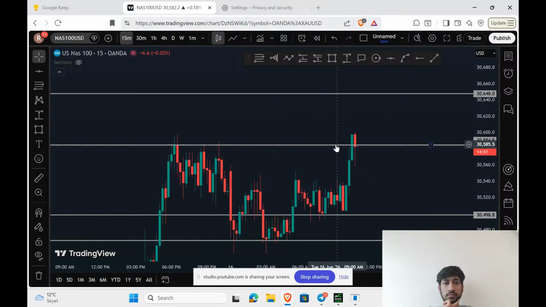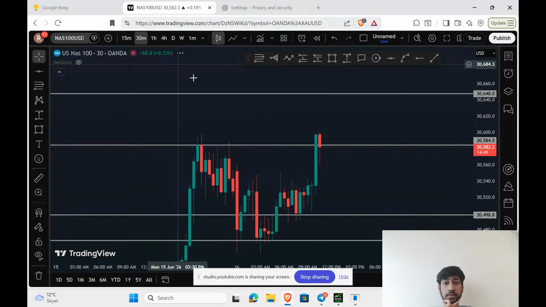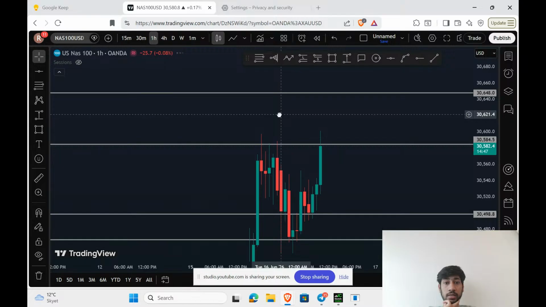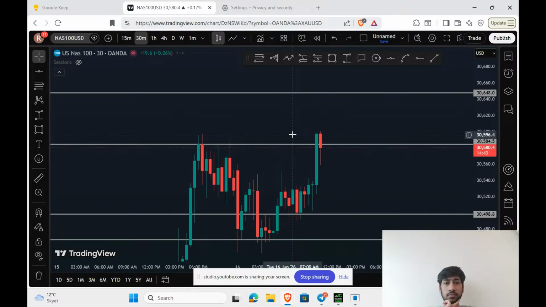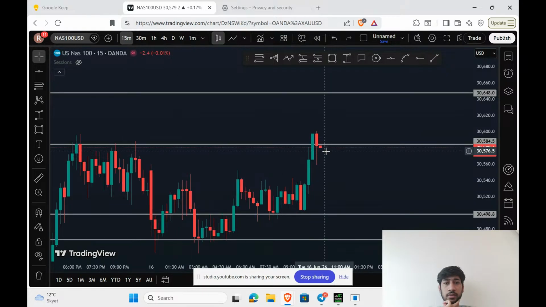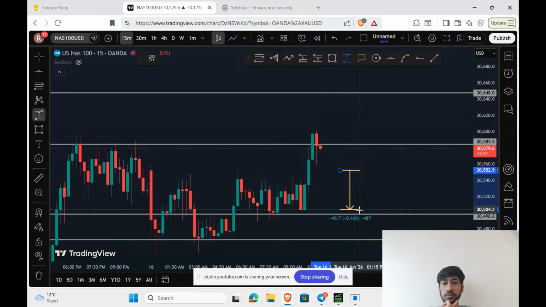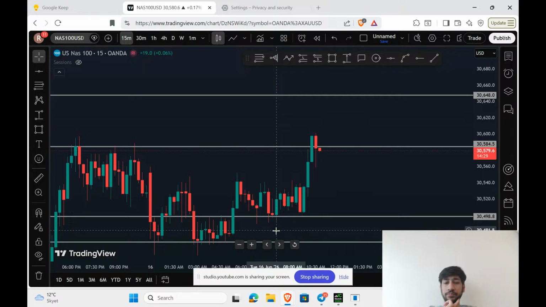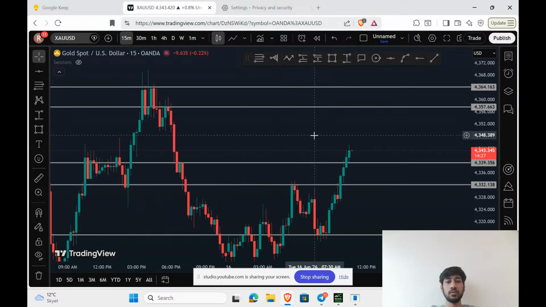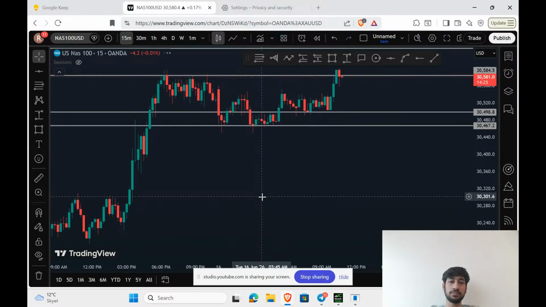No. The perfect scenario would be if this H1 closes back in the range, an M30 would close something like bearish, and M15 would close proper bearish. Then it would be a great idea to sell to fill this range, which is 48 pips. So nothing.